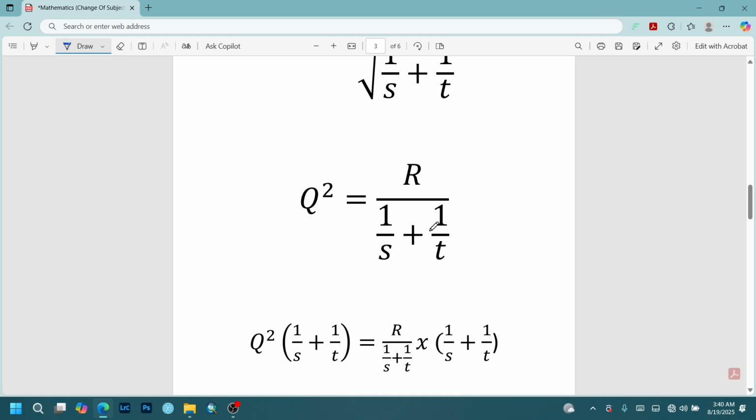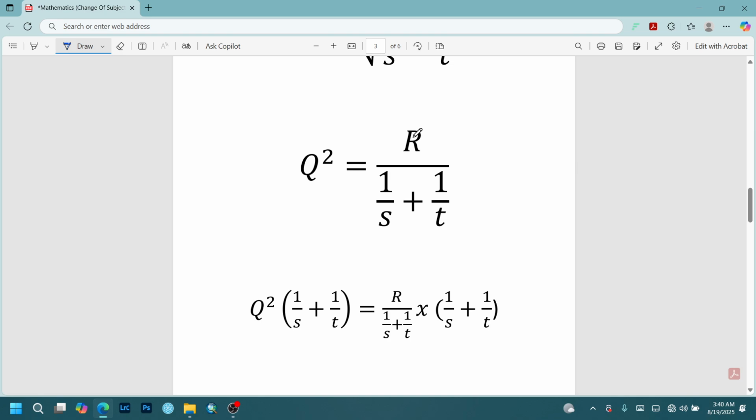So this LCM will multiply through each side of the equation. So it will multiply through the fraction R over the fraction 1 over S plus the fraction 1 over T, right? And it will also multiply through Q square, okay?